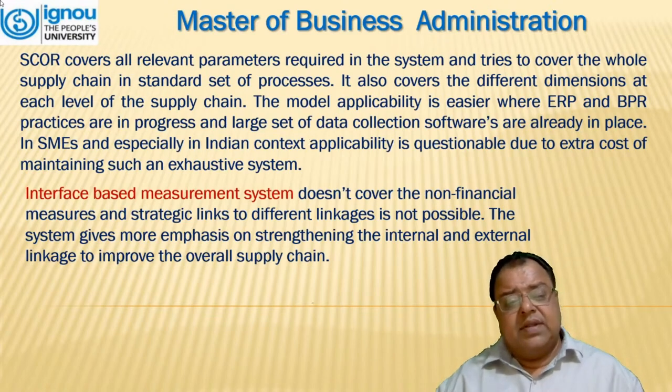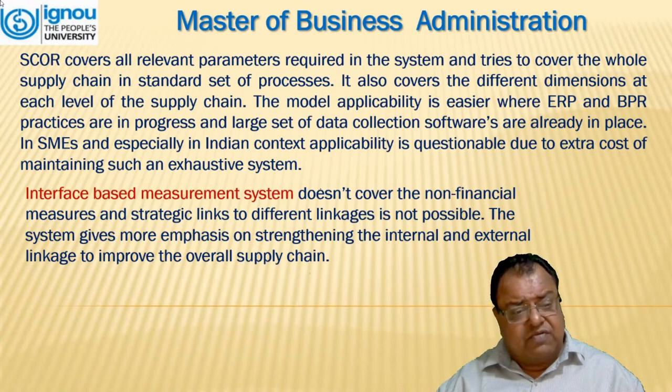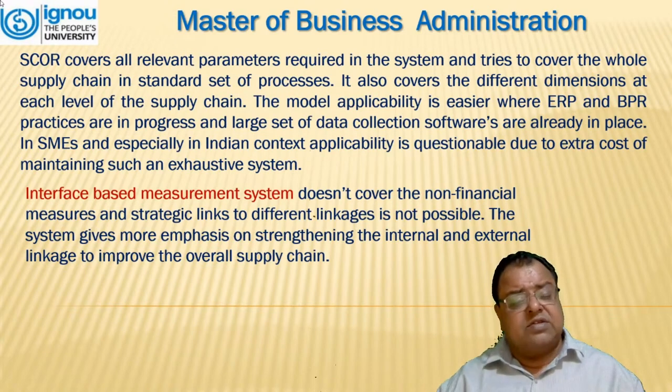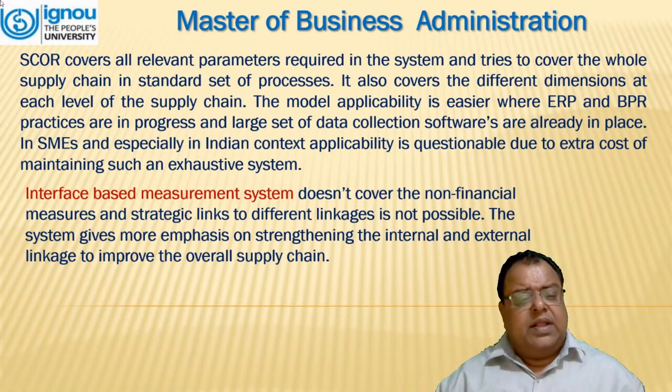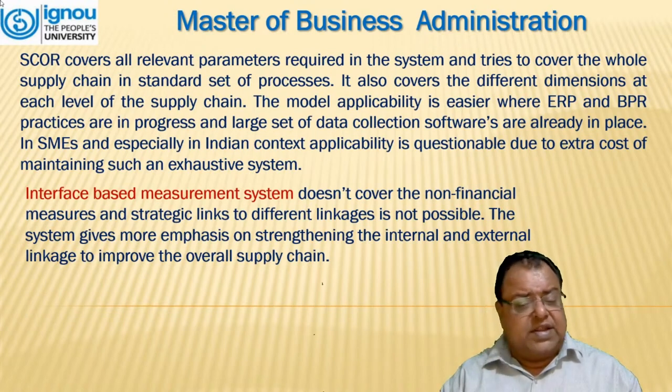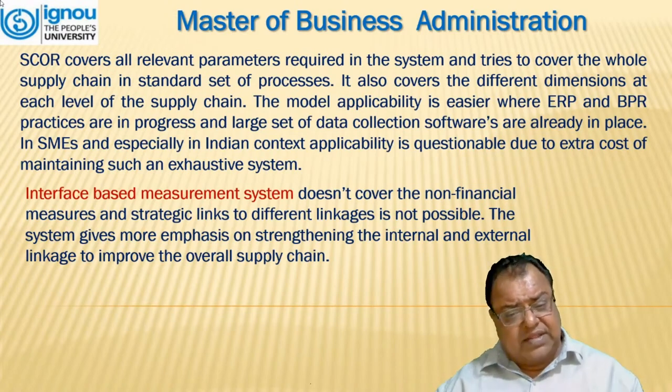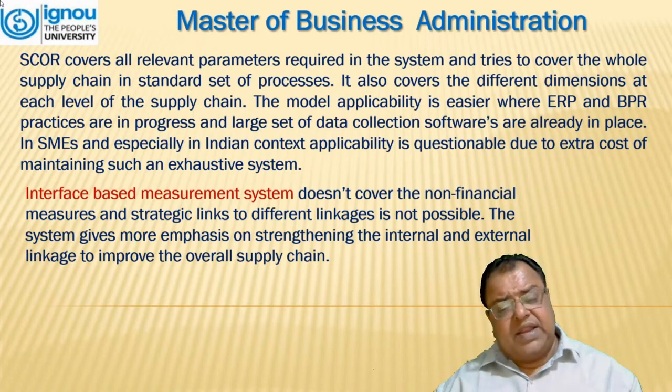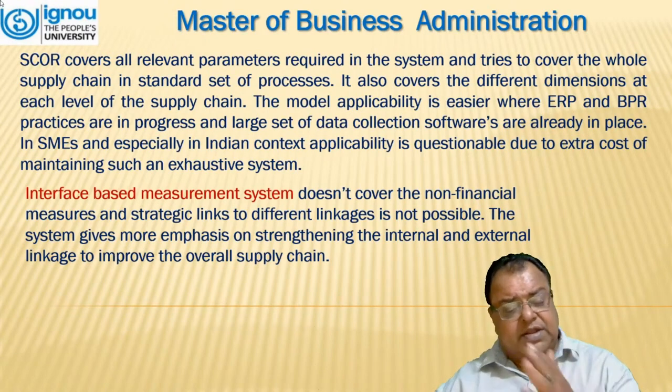In SMEs, and especially in the Indian context, applicability is questionable due to the extra cost of maintaining such an exhaustive system. An interface-based measuring system does not cover the non-financial measures, and strategic links to different linkages are not possible. The system gives more emphasis on strengthening the internal and external linkages to improve the overall supply chain.